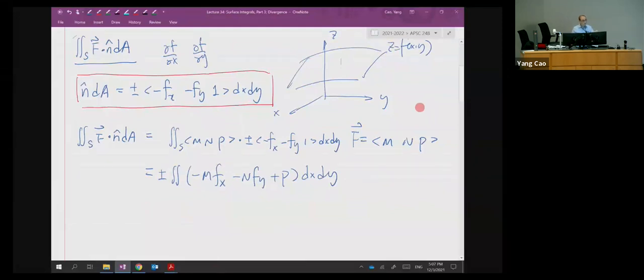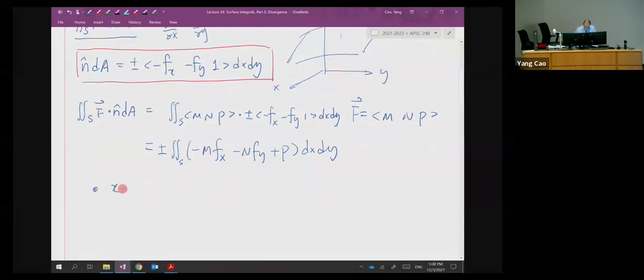Now after the dot product, you look at the double integral right here. It's about x and y, so there's no z, because it's a double integral. You don't need 3 variables to calculate a surface integral, you only need 2, in this case dx, dy. So there are 2 things you need to be clear about.